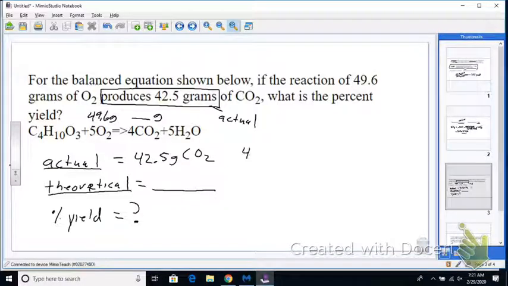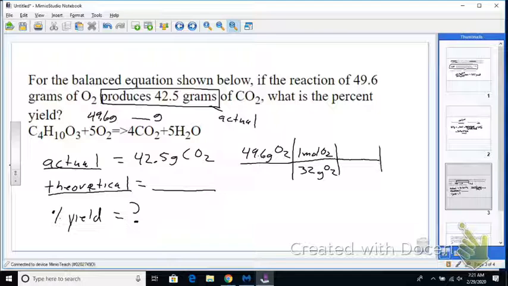So we're going to go 49.6 grams of oxygen. Then we're going to change oxygen to moles, so 32 grams of oxygen to 1 mole of oxygen. Then in our balanced equation, 5 moles of oxygen will produce 4 moles of CO2.